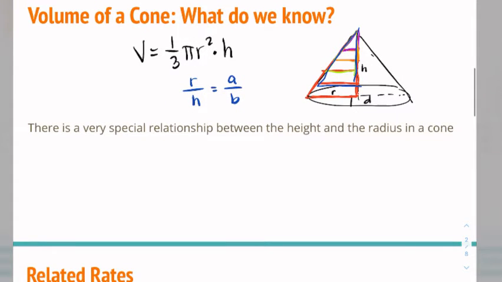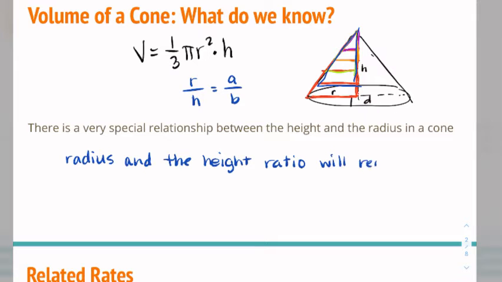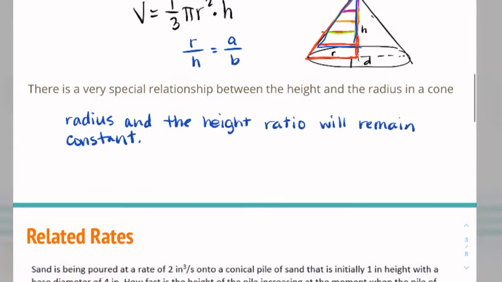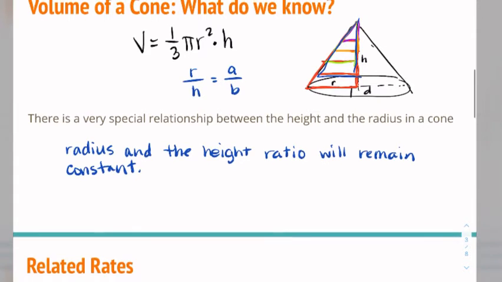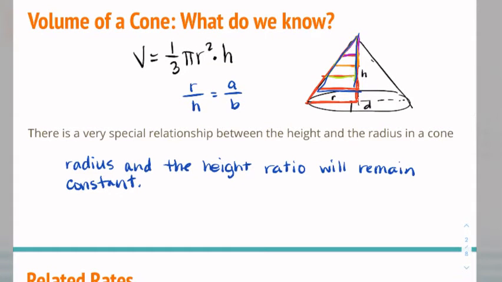So the radius and the height ratio will remain constant. Okay, so that takes away the need for both of those variables. We're just going to have to do a little bit of substitution as we go through our questions to eliminate one of those variables.